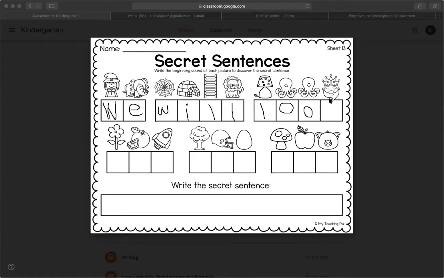King. And what beginning sound does that make? No, look what you wrote down. K. So we're going to write a lowercase k.